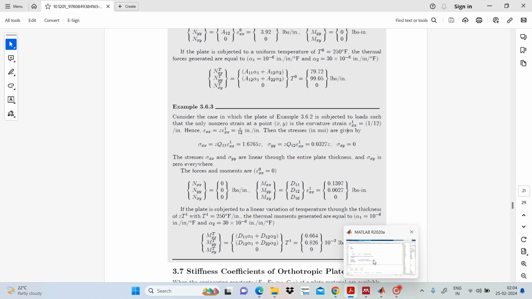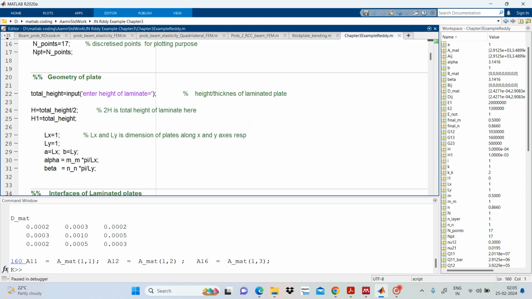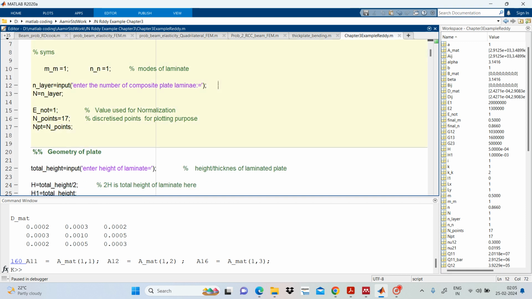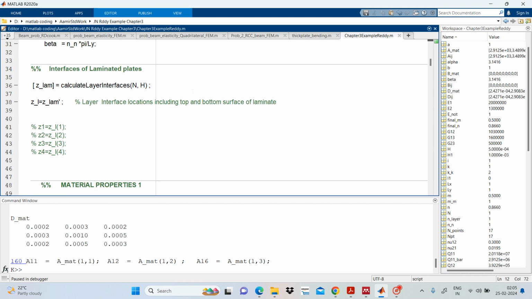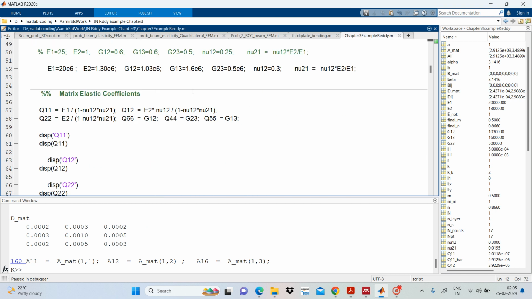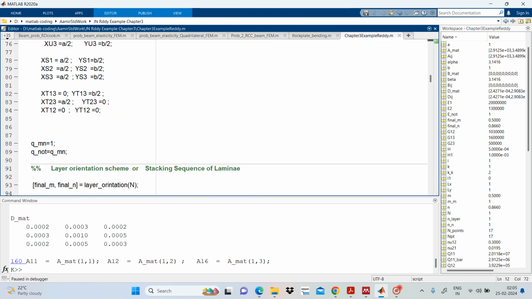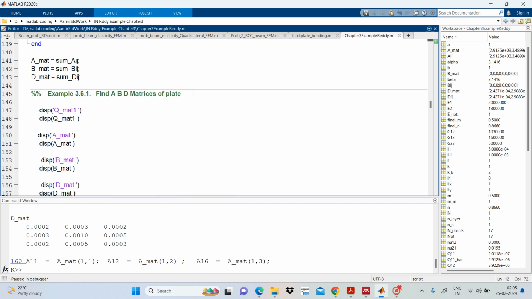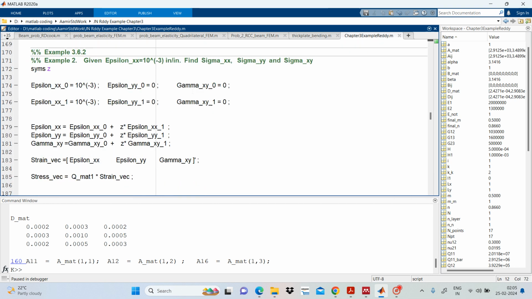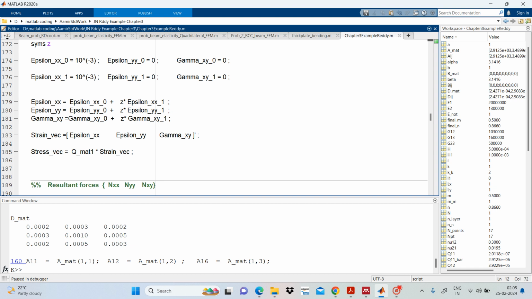So let us start. We have the same code we wrote in the last class, and right now we are just continuing with the new examples. The matrices would be the same. Epsilon naught xx here is 0.